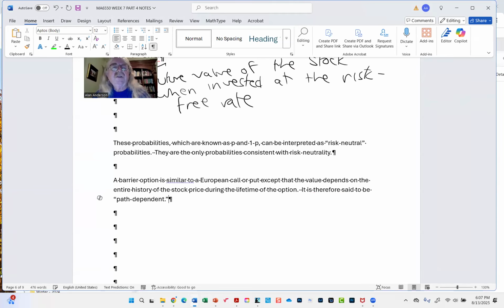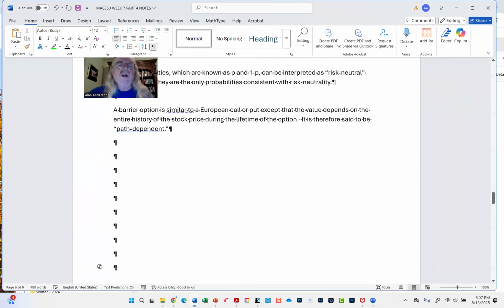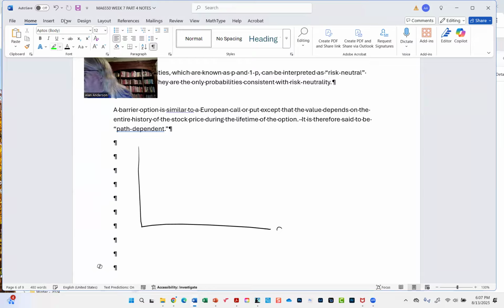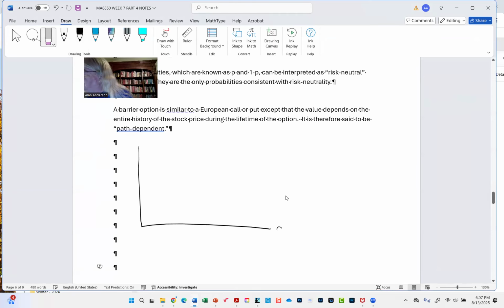So in other words, let me show you what I mean by that. Imagine you're watching this option. Time is elapsing. This is the price of the stock underlying the option.